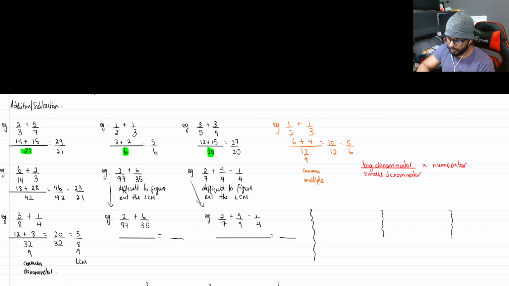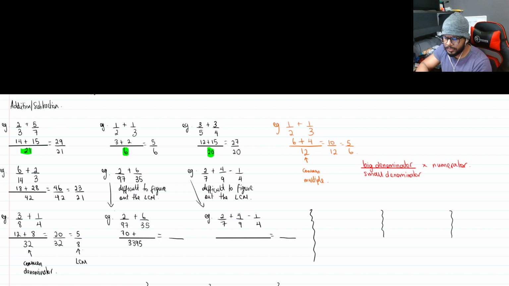97 multiplied by 35, 3395. 97 into this big number here is 35. And well, 35 multiplied by 2 is 70. Plus 35 into this big number here is 97.